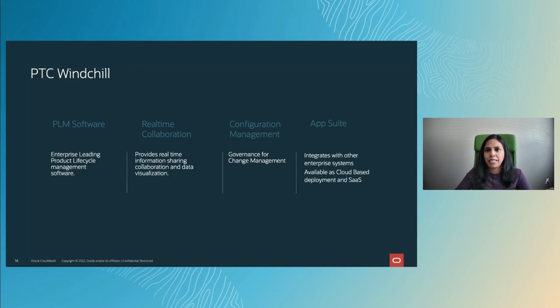It is role-based and can be configured for different customers based on their needs. PTC Windchill is available both as an on-prem offering as well as a cloud-based SaaS offering. For the purpose of this presentation, we will continue reviewing the on-premises PTC Windchill architecture and how that was lifted and shifted to OCI.